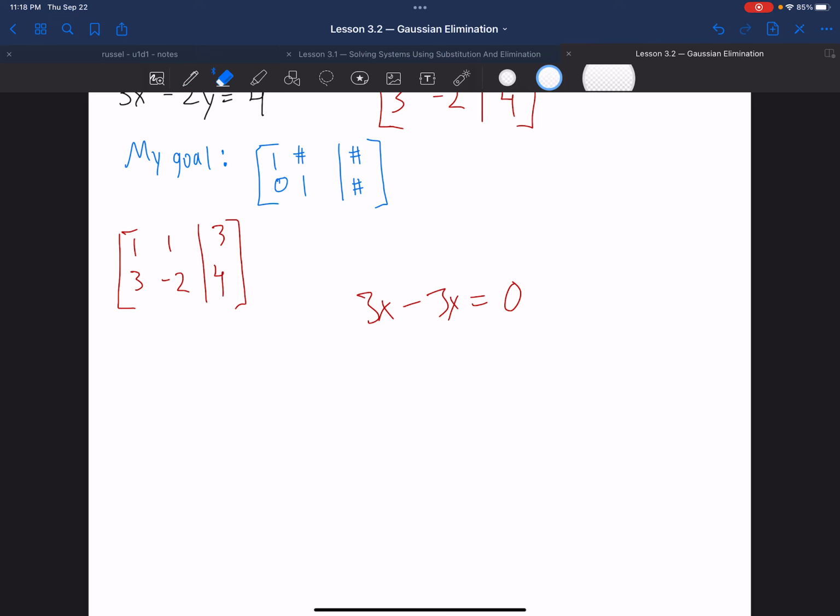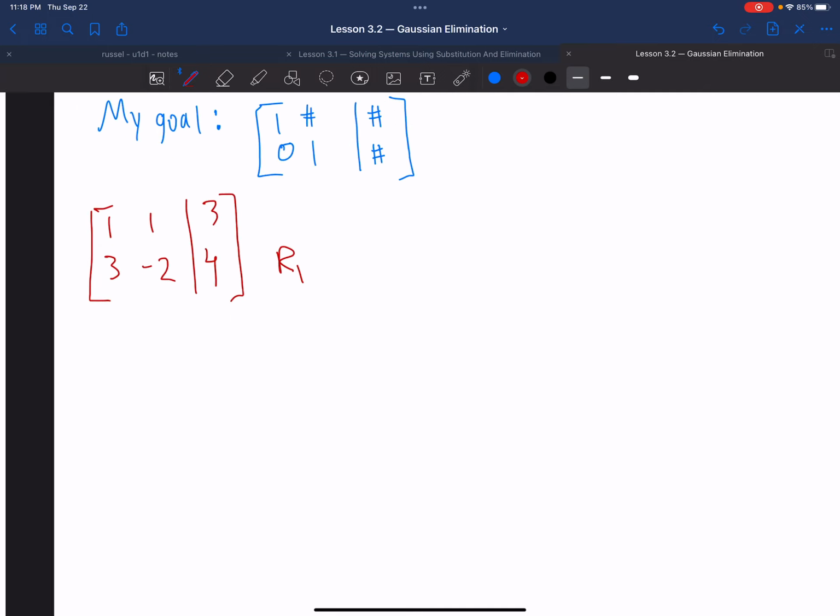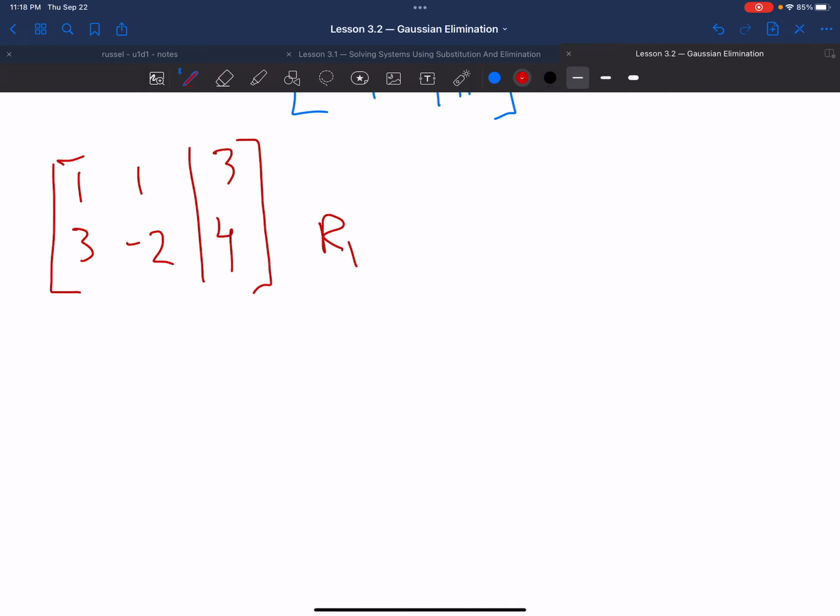So, here's what I want to do. And this is how I'm going to model how you write row operations. If I take the first row and multiply it by -3, I'm going to take row 1. Notice I use R1 for row 1.